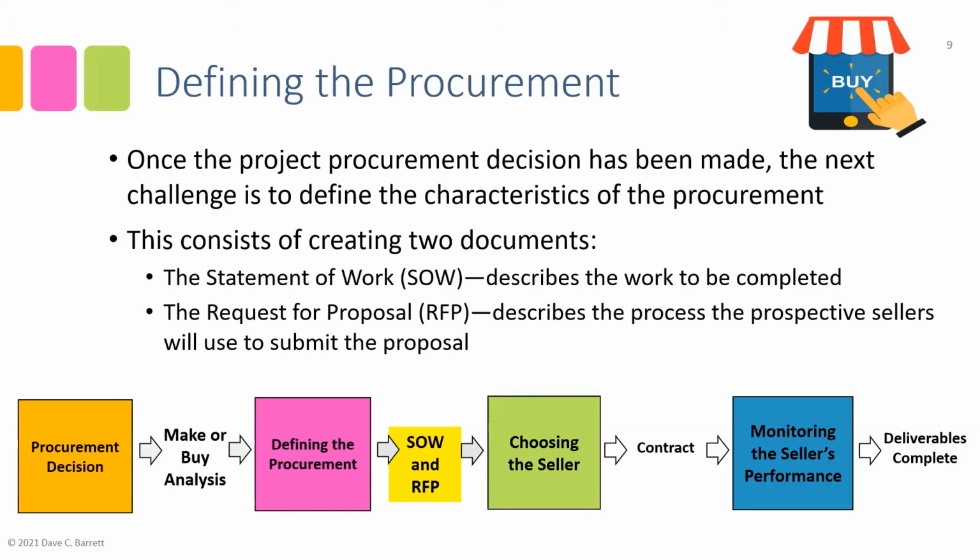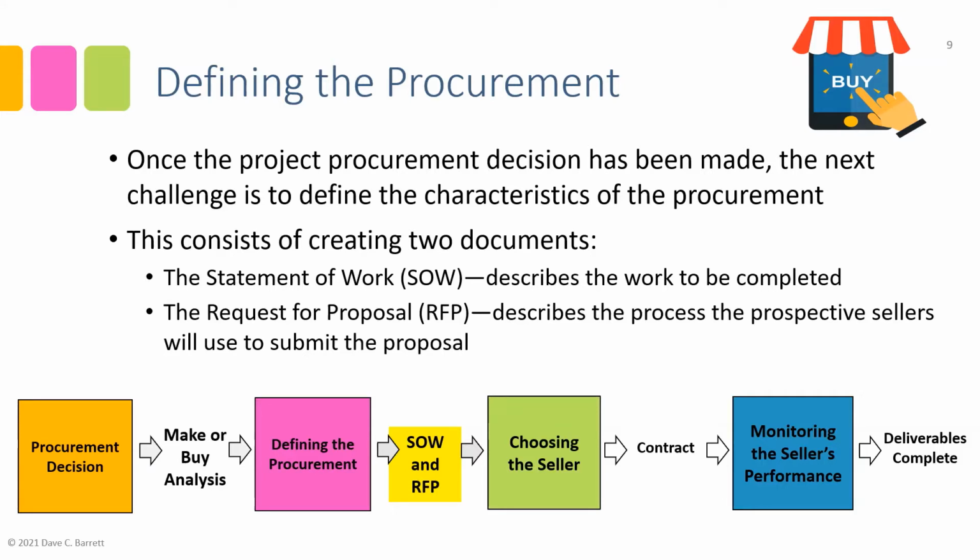Another is a request for quote, RFQ, which is similar to an RFP. You can think of an RFP as one for perhaps a more complex, variable type of procurement where there are different options and so on. So that would normally be an RFP.